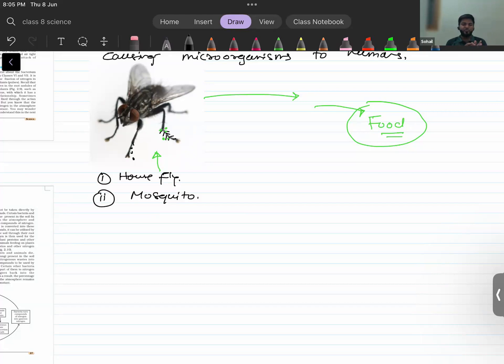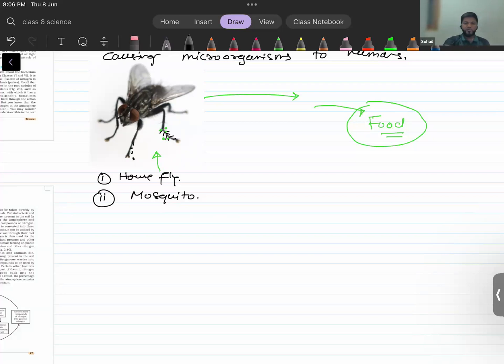And when that mosquito is going to feed on the blood of a healthy person, while sucking the blood of that person, it will transfer the malaria causing microorganism to the blood of that healthy person. So in that way, it leads to a spread of malaria, right, guys?